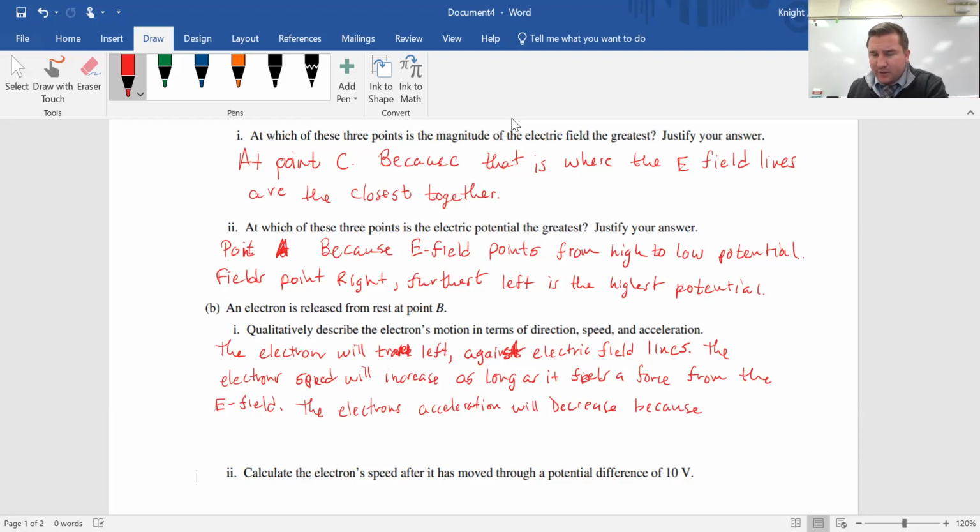As we move to the left, the electric field gets weaker. We can see those lines are spreading apart. They're getting further apart. It means we have a weaker field, which means the electric force won't be as strong, so the acceleration won't be as big. So the acceleration will decrease because the strength of the electric field is decreasing.